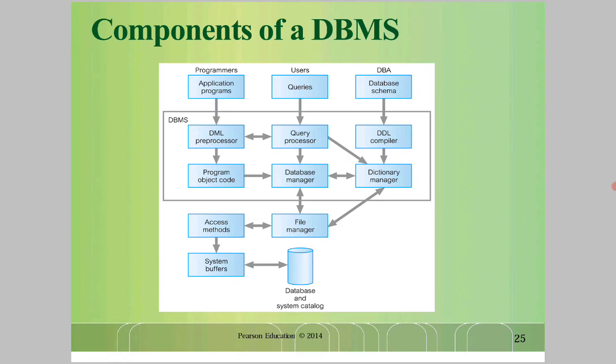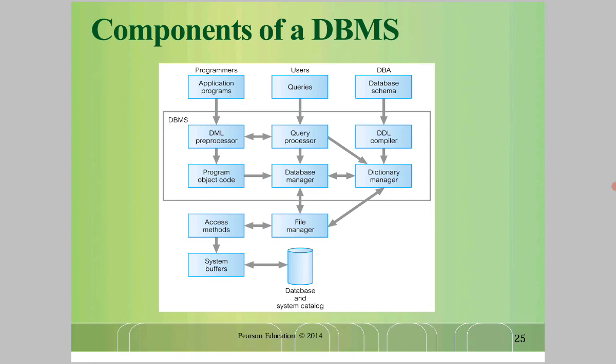The query processor compiles and executes the queries given by the users. The DDL compiler is used for data definition language commands, like create table. Program object code means the object code of the application programs.